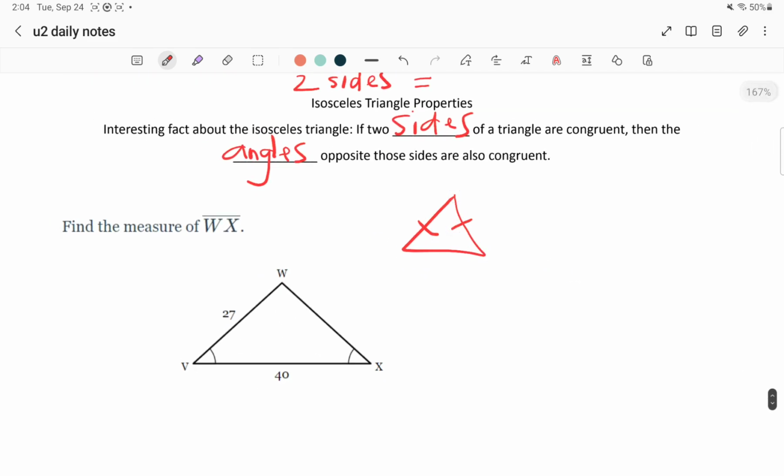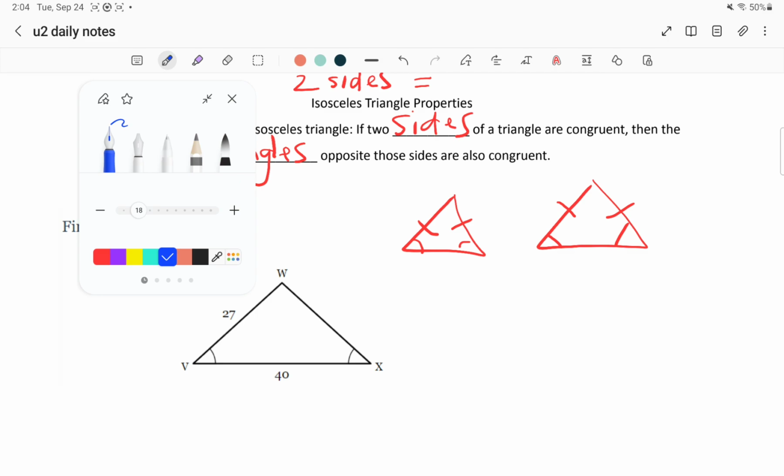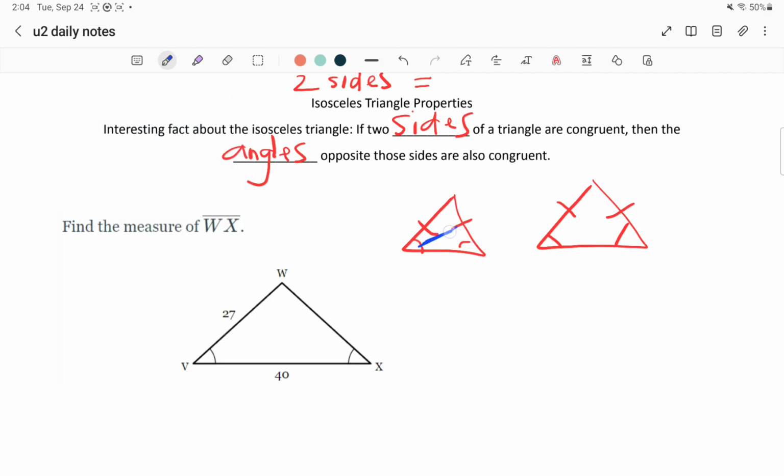So if these two sides are congruent, then these two angles are congruent, and vice versa. These two angles are congruent, these two sides are congruent, because they are considered opposite. So notice this angle is furthest away from this side, and vice versa. We should always make a little X like this to get to my angles and sides.